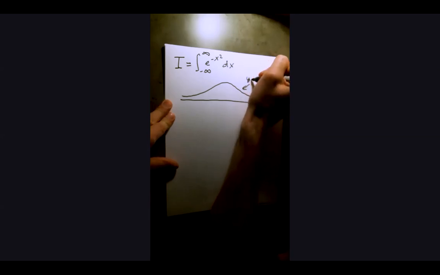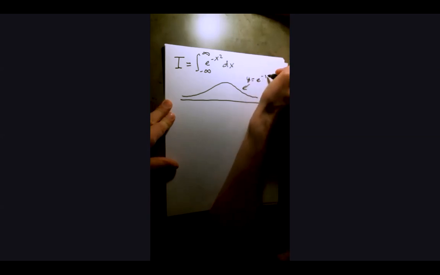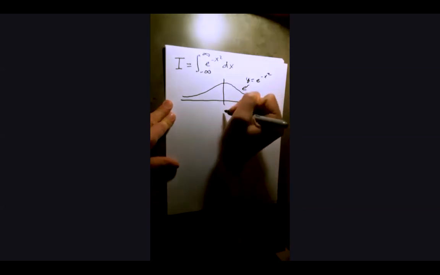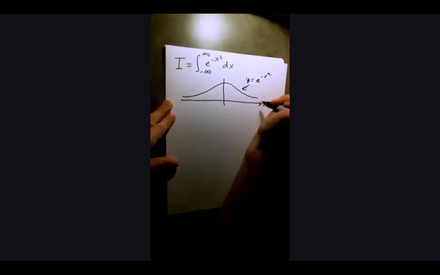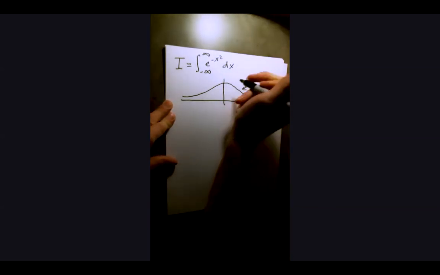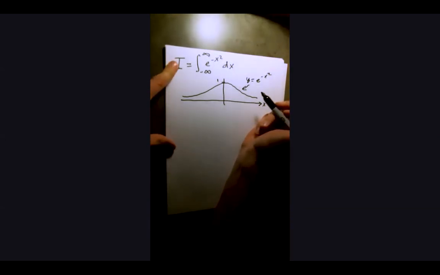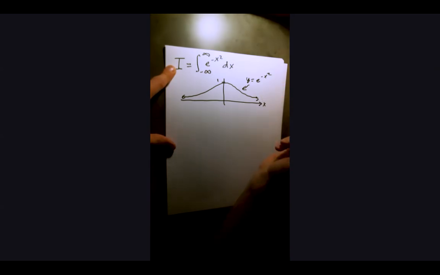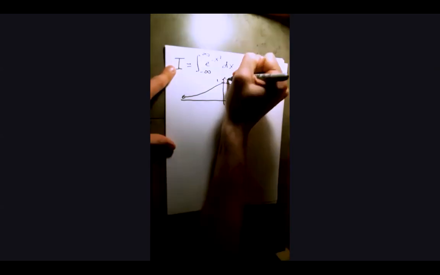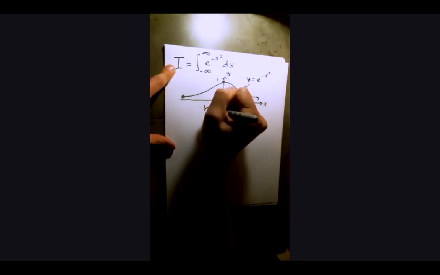Here is y equals e to the negative x squared. It approaches the x-axis, and at x equals 0 it should be 1. It's symmetric around the y-axis.